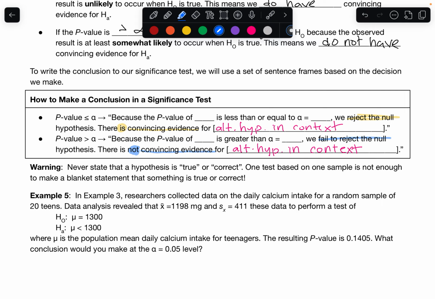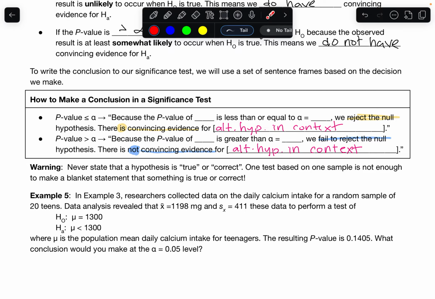Before we do some examples, I want to give you one more warning. This is super important, and I see a handful of people do it every year, and it makes me sad. When we are talking about hypotheses and statistical tests, we are always talking about likely to be true or unlikely to be true.